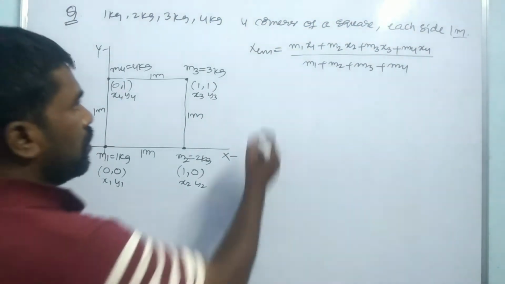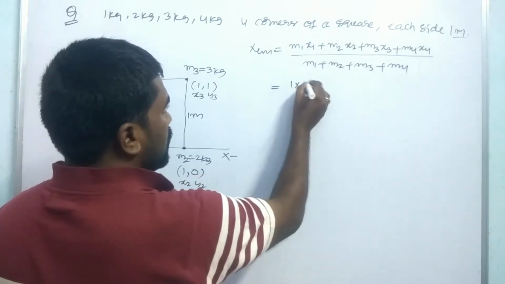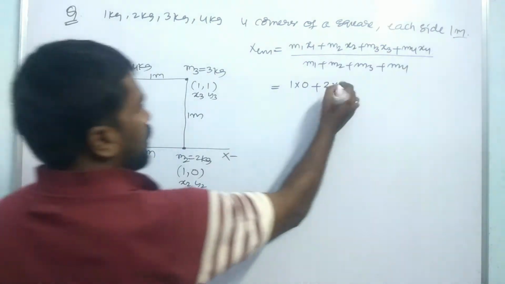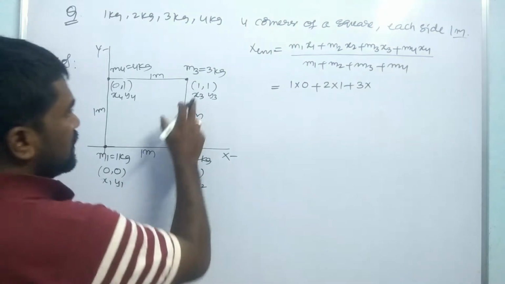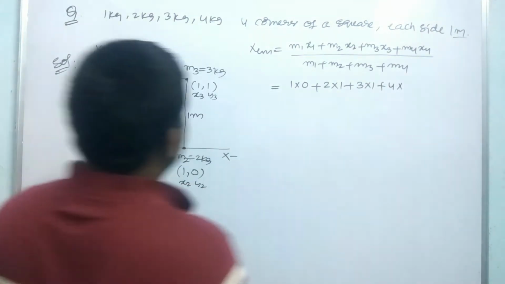Let us substitute all those values. m1 is 1 kg, x1 is 0, plus m2 is 2 kg, x2 is 1, plus m3 is 3 kg, x3 is 1, plus m4 is 4 kg, x4 is 0.